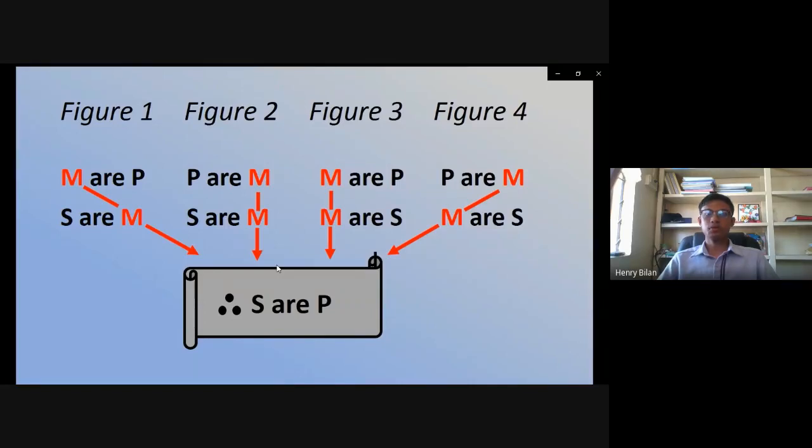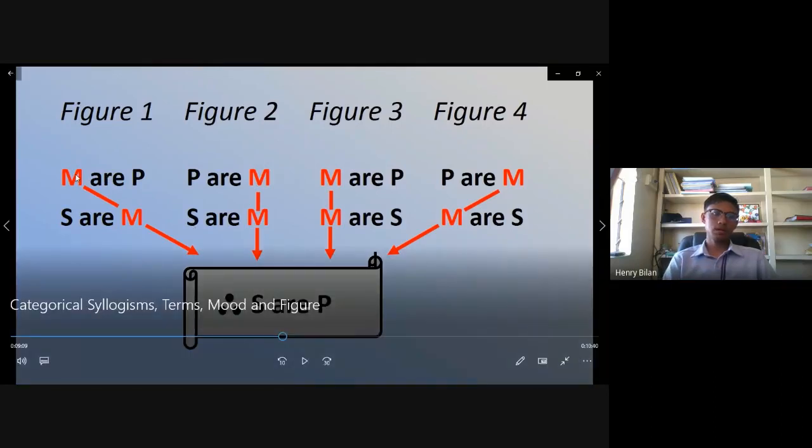So in figure 1, the middle term is the subject of the major premise and the predicate of the minor premise. Kaya, figure 1 is supre na tinatawag, because the middle term is found in the subject of the major premise and the predicate of the minor premise.